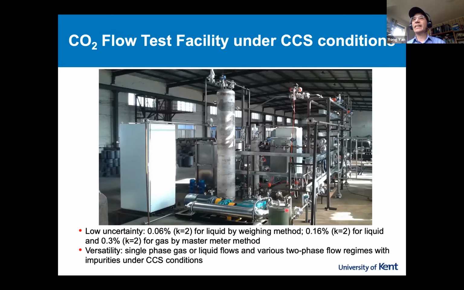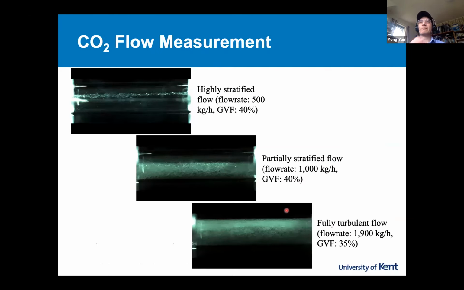And for this rig, we can achieve single phase CO2, pure liquid, or pure gas, or mixtures. We can also add impurities into the system, just to recreate what would likely happen in a real capture plant.